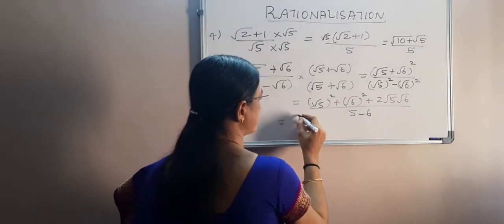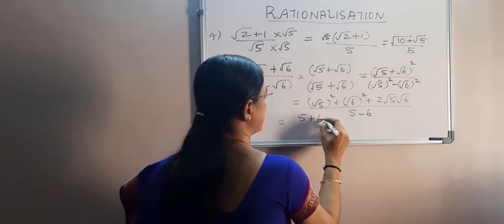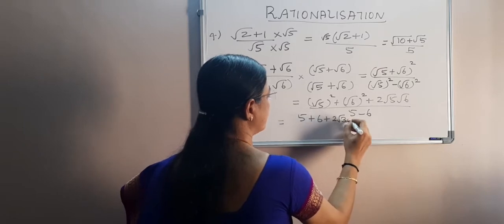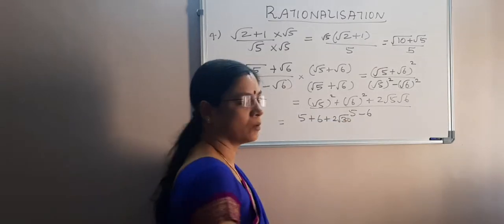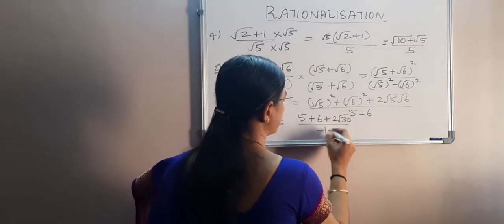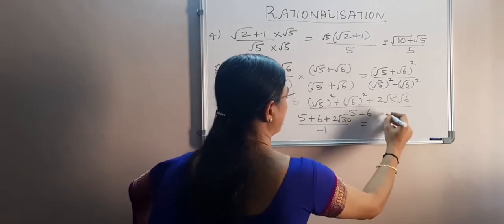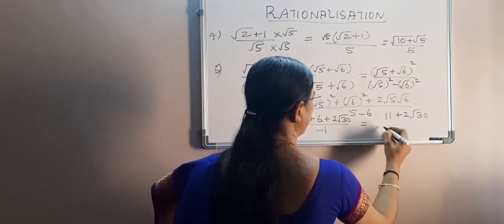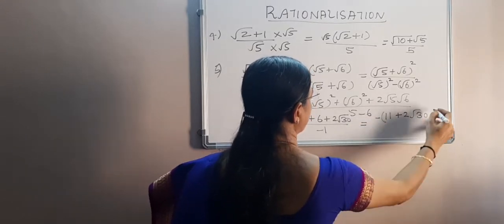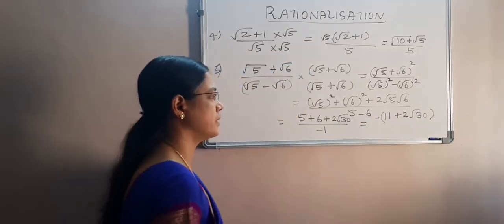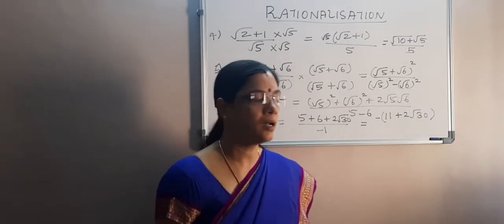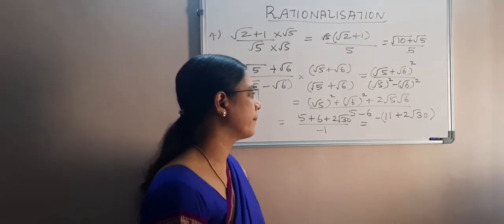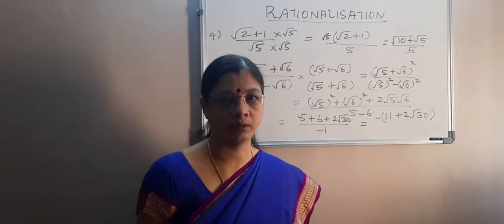Now what is root 5 squared? It is 5 plus 6 plus 2 root 30. Okay. Divided by minus 1. This is minus 1. Now 11 plus 2 root 30, and here there is one minus sign. I take this minus sign to the numerator and it becomes minus 11 minus 2 root 30.